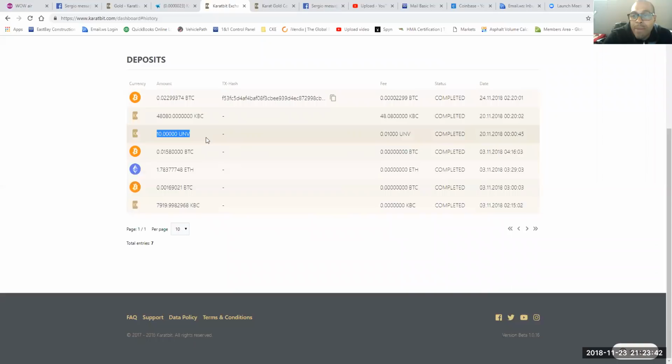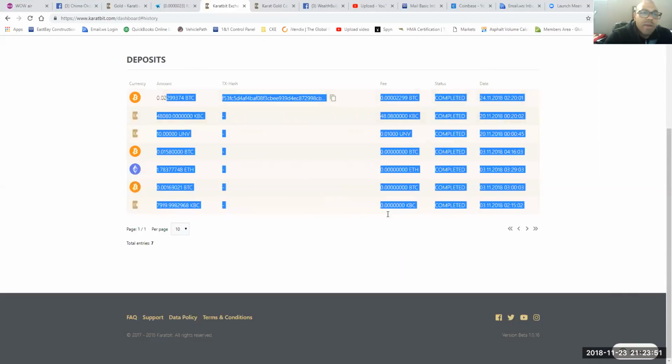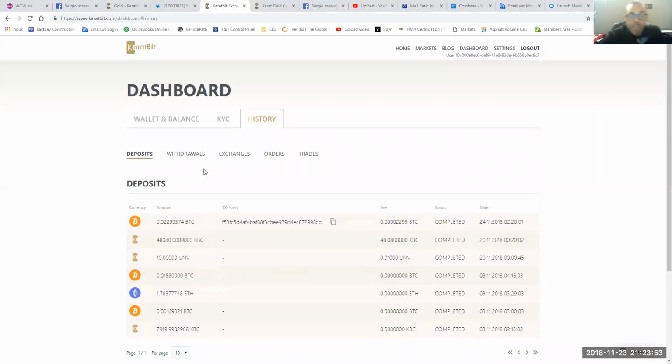I took 1 gram and transferred it, and then I bought some KBC. You see that? And then I just exchanged my Bitcoin from one exchange to Karatbit Exchange. The reason why we've got the best exchange is phenomenal.